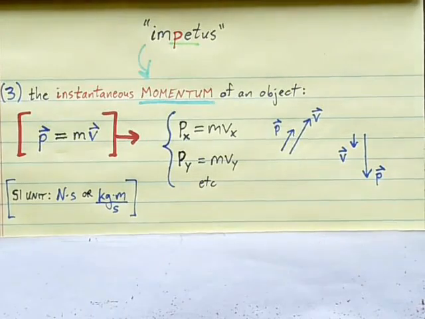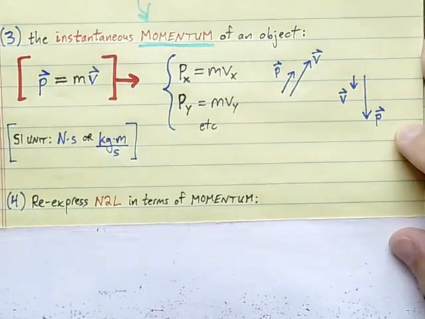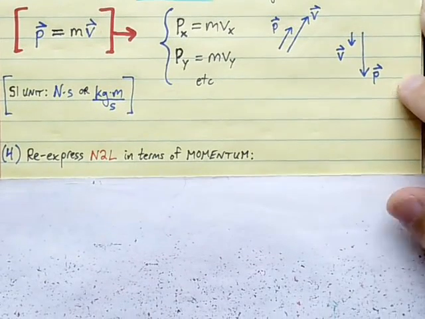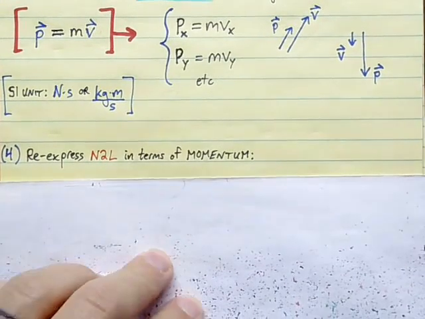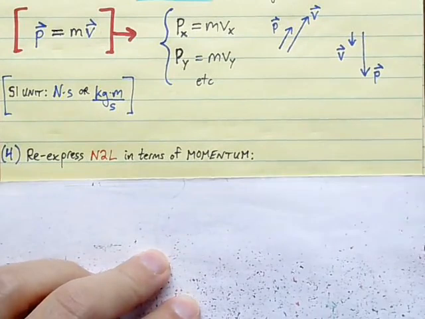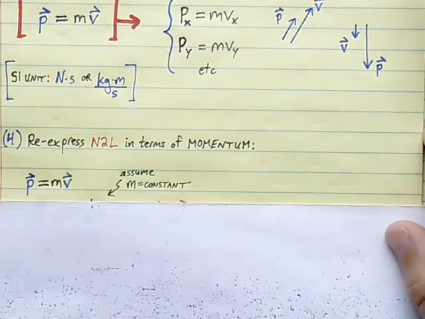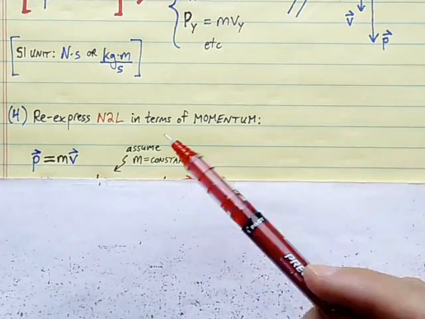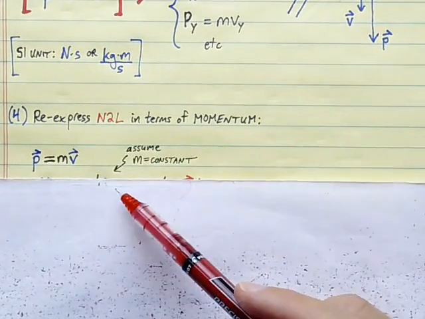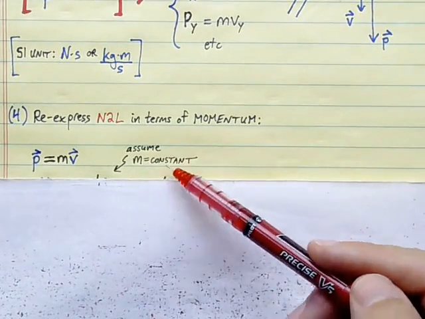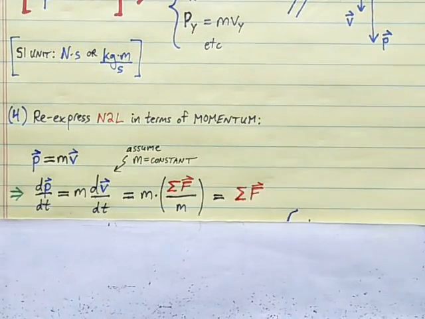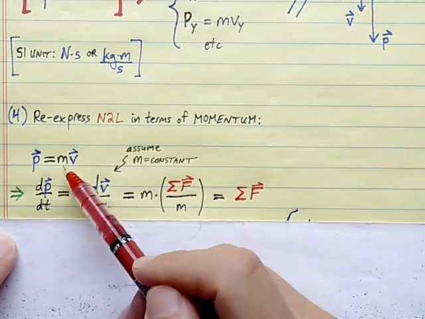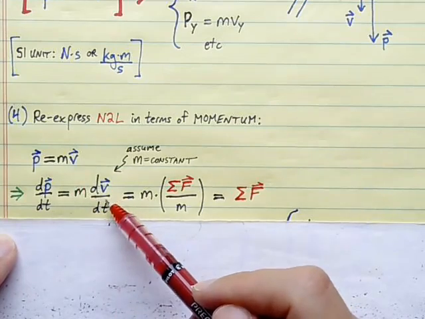All right, let's now re-express Newton's second law of motion in terms of this quantity, momentum. Starting with p equals mv for some object, let's take the time derivative of this equation, assuming that the mass of the object stays constant. So dp/dt equals m, which is constant, times dv/dt.